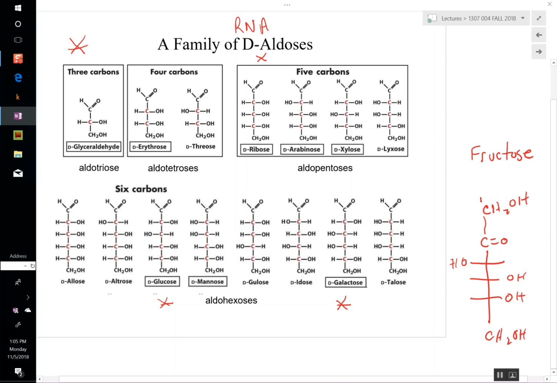This is still carbon number 1 up here. And then the carbonyl is carbon number 2. And then you have those 3 chiral carbons, and then you end up with the CH2OH. So you should know that structure also. So 5 monosaccharides that I want you to be able to draw whenever necessary.